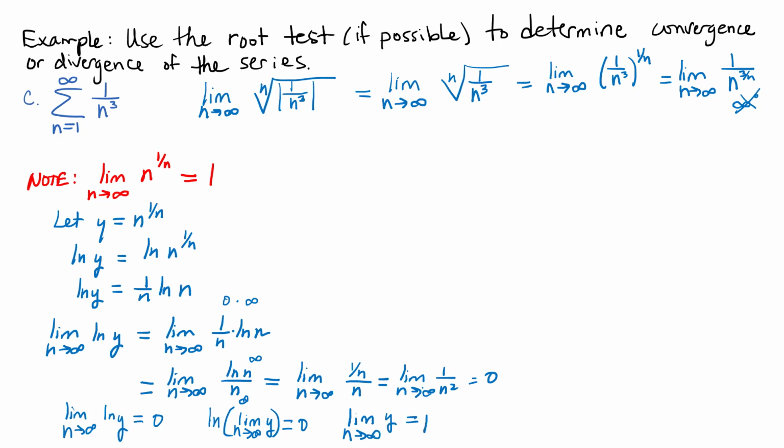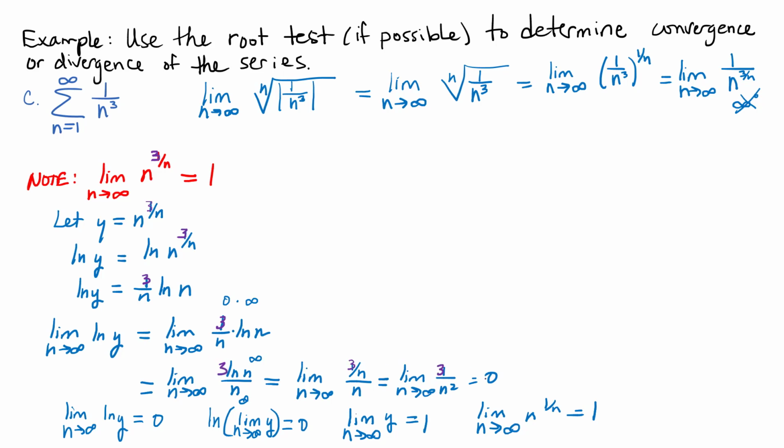But remember what y was. Y was n to the 1 over n. So we have the limit as n goes to infinity of n to the 1 over n is equal to 1. Now, if we were to change this to 3 over n, by the way, the only thing that would change in our whole process is that we would end up with a 3 in each of those places.